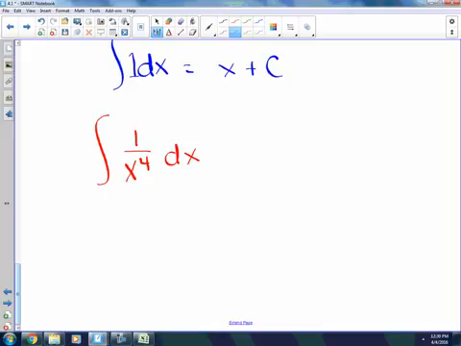So how do I fix it so that power is in the numerator? You'll also notice when I rewrote it, I didn't get rid of that because I haven't anti-derived it yet. I just rewrote it. Then we can apply power rule. So add 1 to the power. What's negative 4 plus 1? Good.